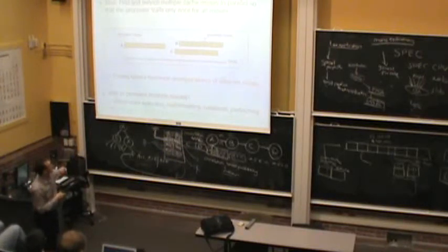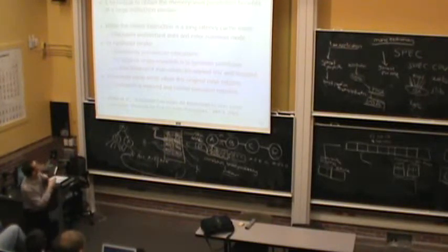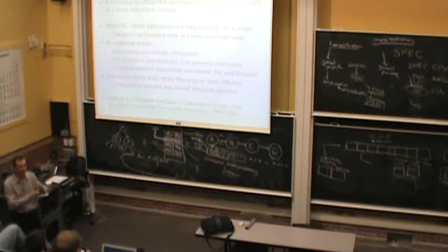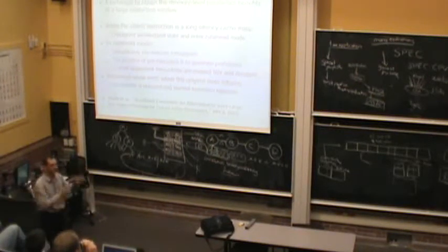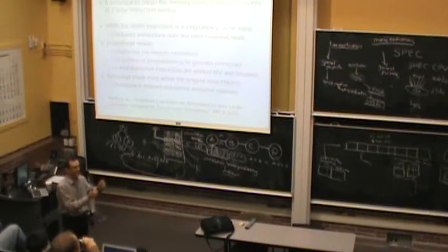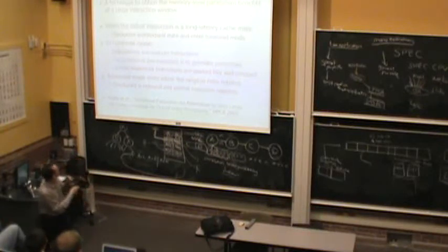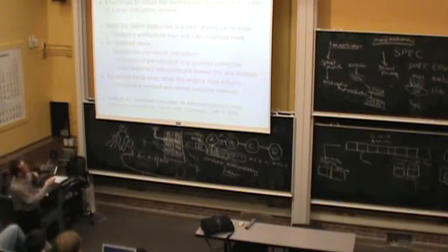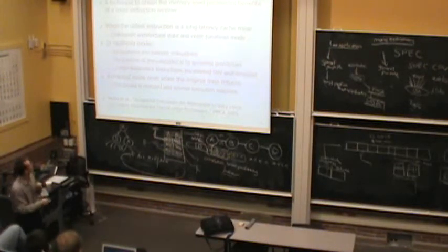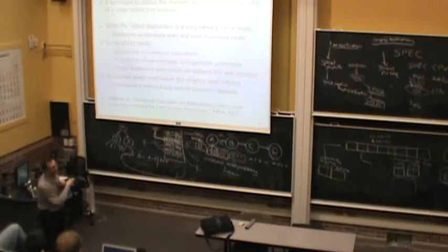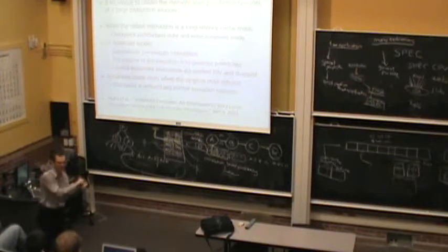Well, we've already seen many ways of doing it. So that's the idea of runahead execution. Instead of building this very large window, you get the small window, and when you get to a cache miss, what you do is, when the oldest instruction is a long latency cache miss, the processor checkpoints the architectural state and enters a special mode. What does checkpointing architectural state mean? It checkpoints the register file, essentially, and the program counter, so that you can get back to it.